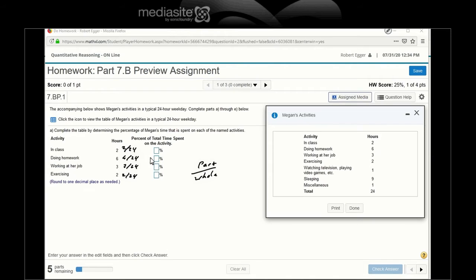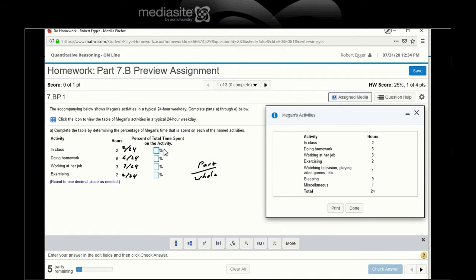So 2 over 24 should give 0.0833 times 100, or 8.3%, rounded to 1 decimal place.